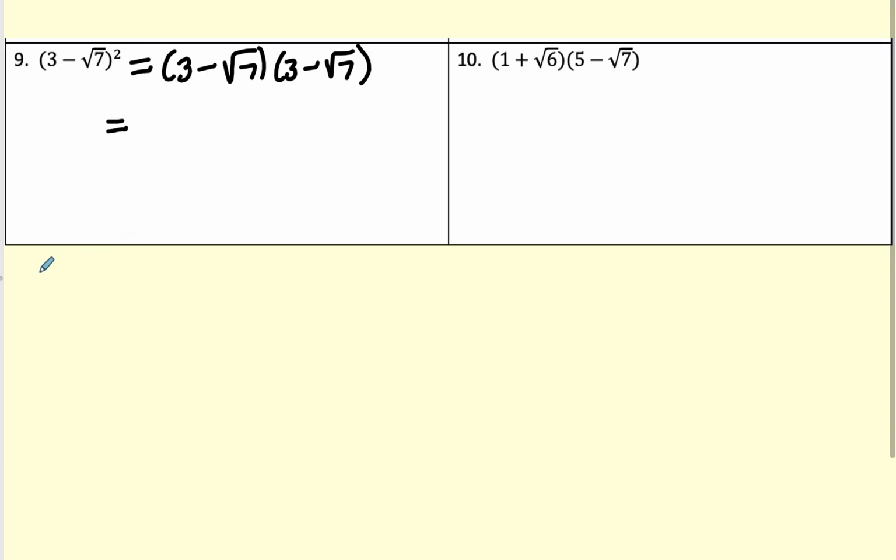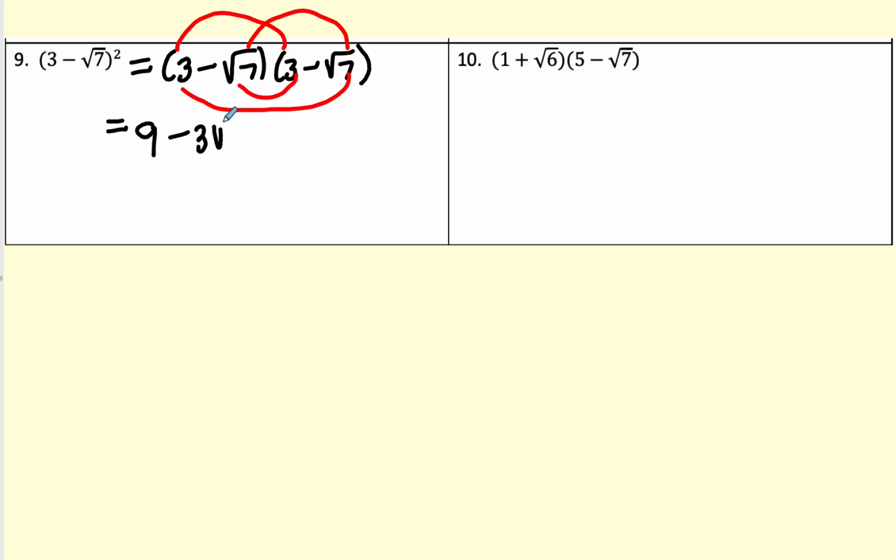Okay, last thing we're going to do is multiply binomials that have a square root. So I wrote this twice because that's what square means. And I'm just going to do FOILing: first, and then outer, and then inner, and then last. First is going to be a 9. Outer will be minus 3 root 7.